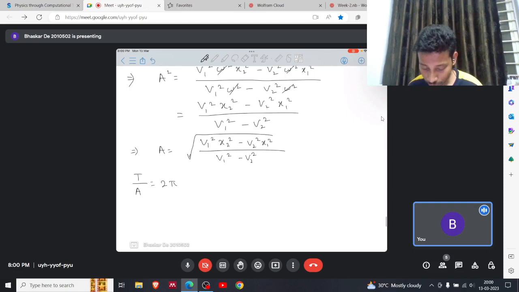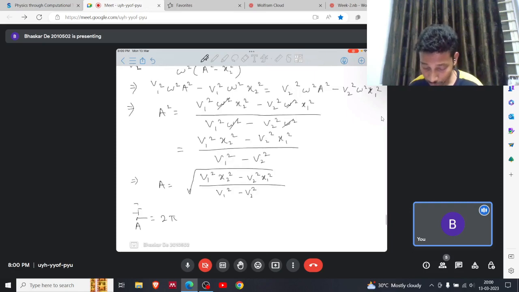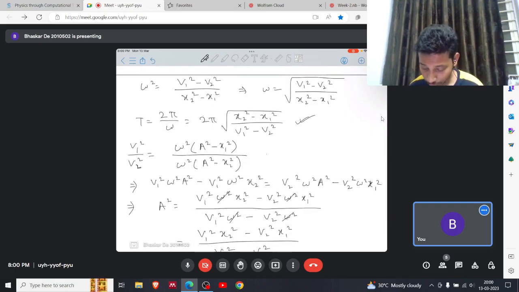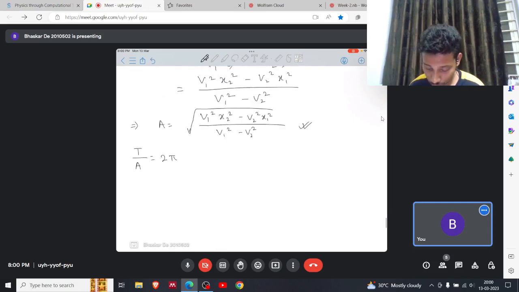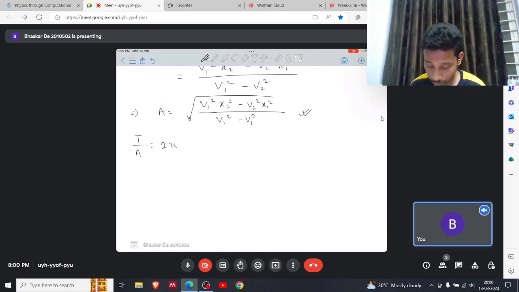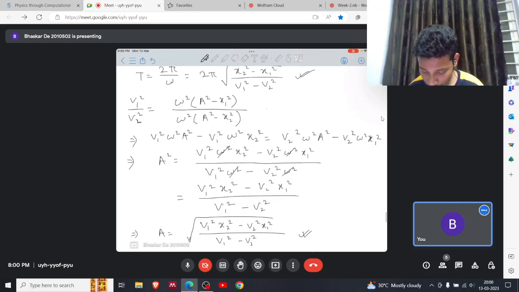So now we have got the value for amplitude and time period. So basically taking the ratio T by A equal to 2 pi.